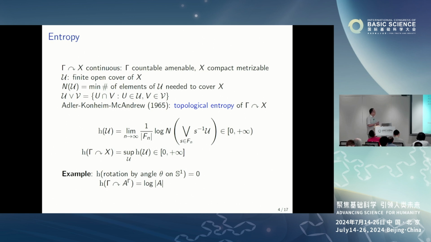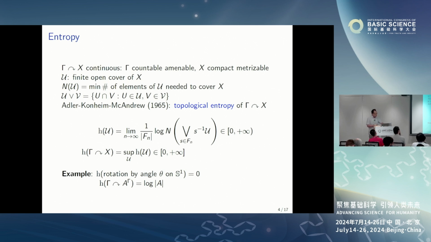Then we take the supremum of all such finite open covers, or you simply take a sequence of open covers requiring that the diameters of each open set in the open cover become smaller and smaller, going to 0, and then you can take the limit. This is the definition of the topological entropy of the whole action. Now you get a non-negative number, and possibly you get infinity.